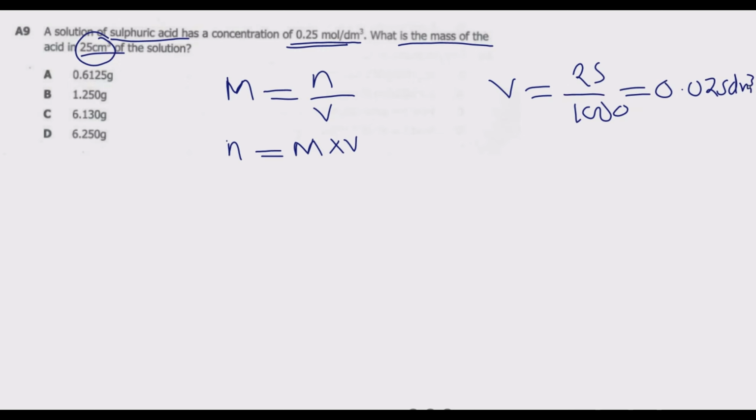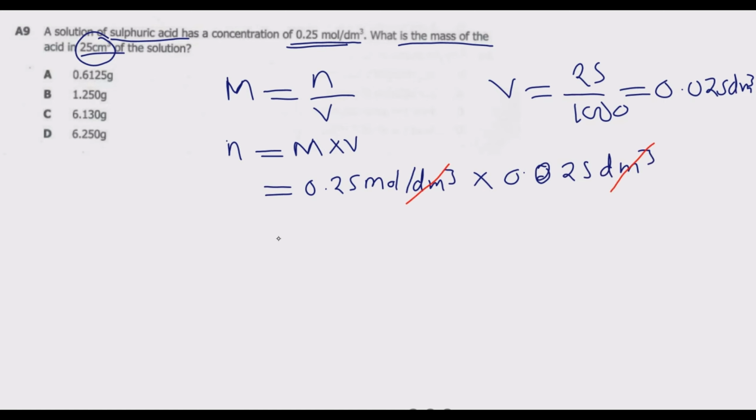Then we know the molarity is 0.25 moles per decimeter cubed. Then we multiply by 0.025 decimeter cubed. You notice here this one and this one cancel.